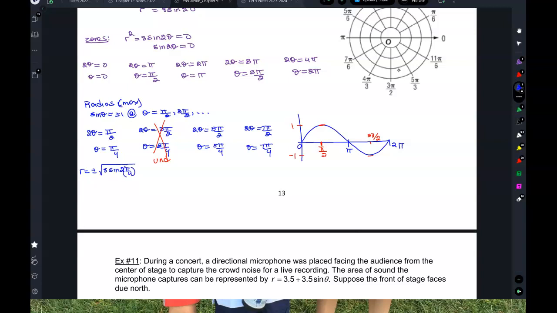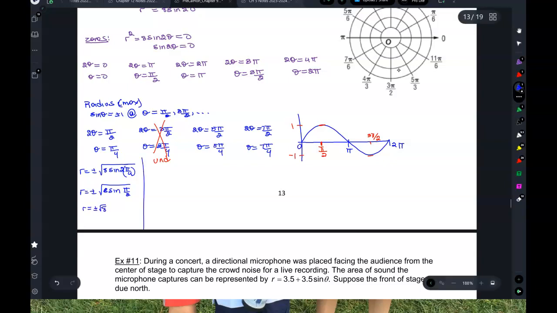Now, r equals plus or minus the square root of 8 sine pi over 2. Is that right? Okay, now sine of pi over 2 is 1. So this is plus or minus root 8.